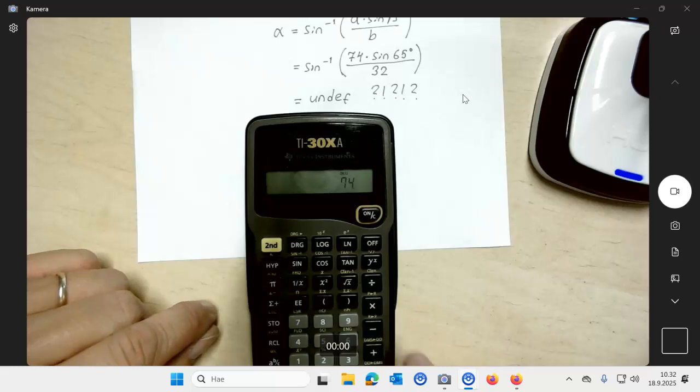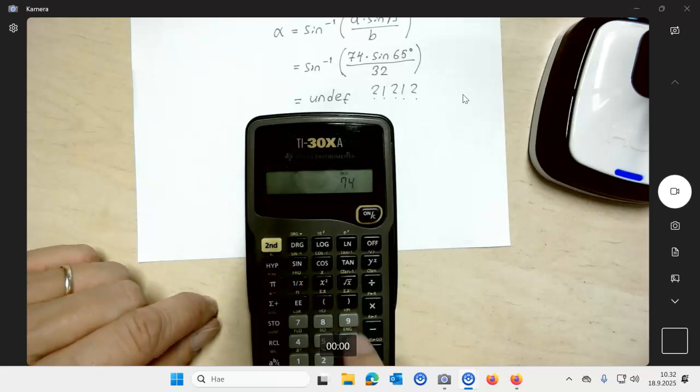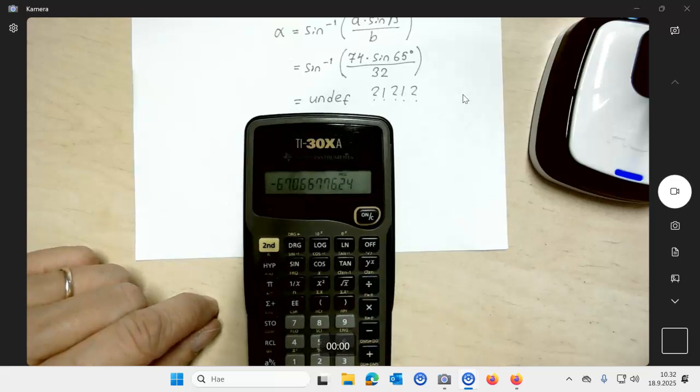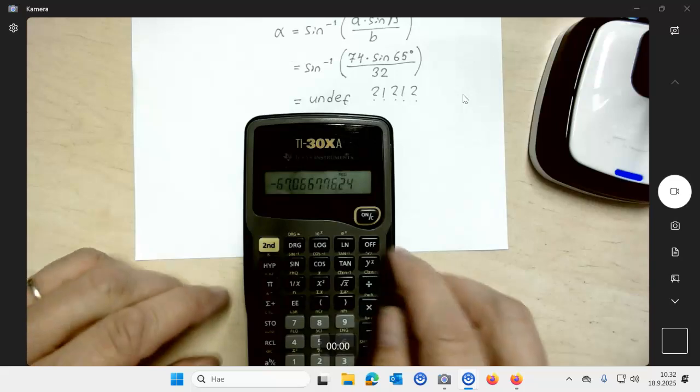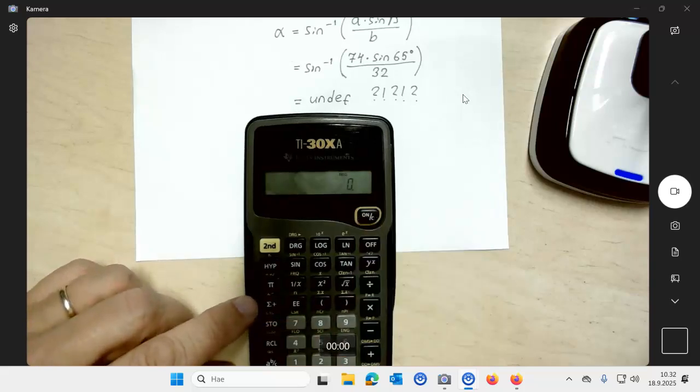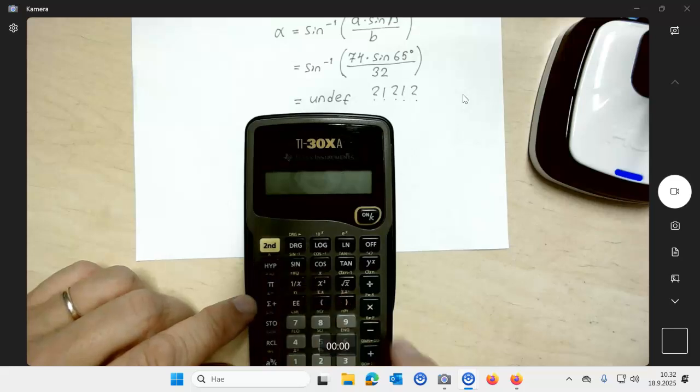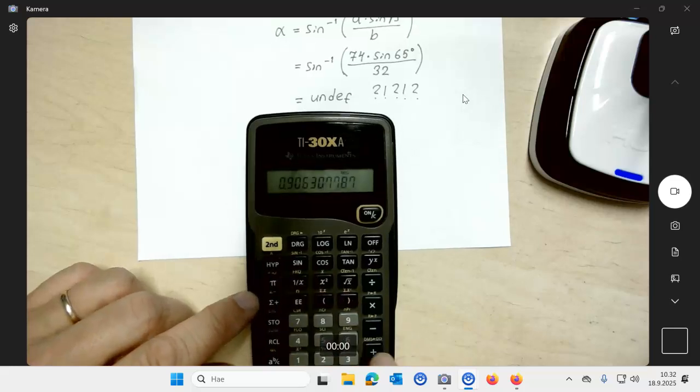74 times 65 sine equals, and then we divide by... No, there's some problems, I made it not correct. 65 sine times 74 equals, and then we divide by 32.